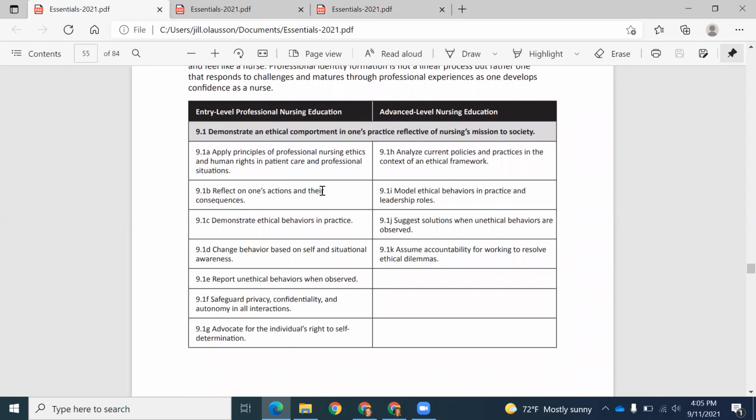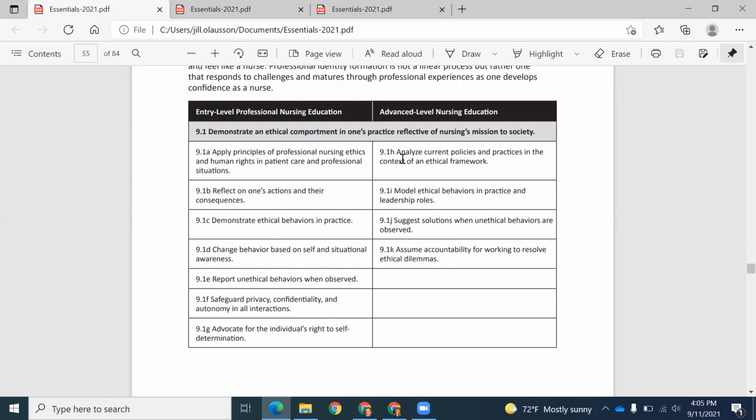So you could actually go into the essentials here, match them with the course that you're teaching, and then pull out some of these competencies and use similar competencies in your course. So these are the entry level. These would be at the master's and graduate level over here on the right side.